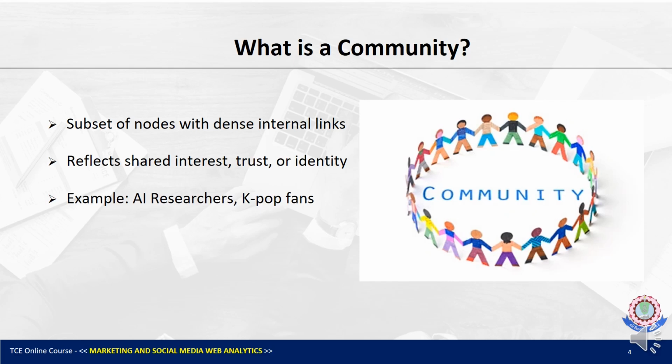Maybe a hobby, a belief, or a professional field. Examples include AI researchers who collaborate, K-pop fans engaging on social media, or startup founders who comment on each other's posts. These communities appear visually as tightly packed clusters of nodes in a network graph.